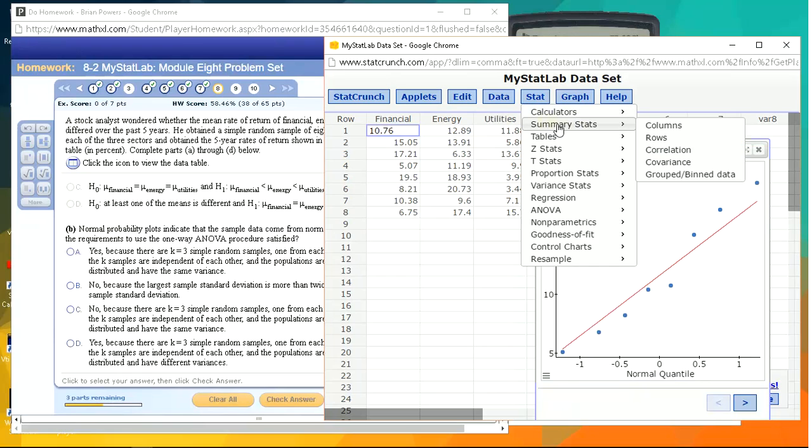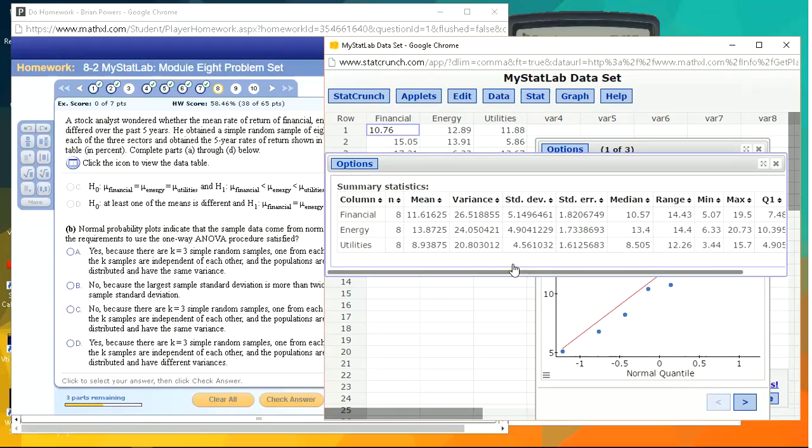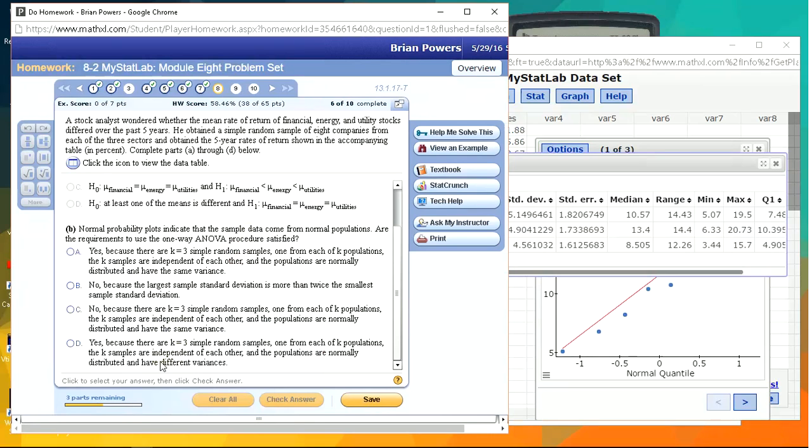Let's do summary stats for these 3 columns, and just compute. We want to compare these variances. The variances of this sample data, 26, 24, 20, those are pretty close to each other. I would say those are not different enough for us to conclude that the variances are different. So they have about the same variance.